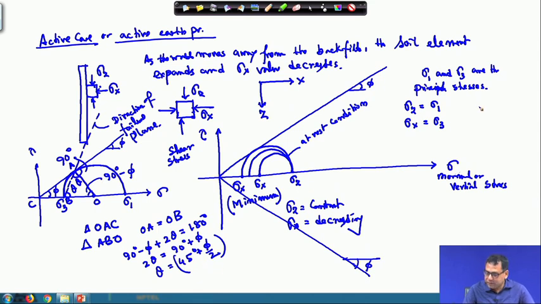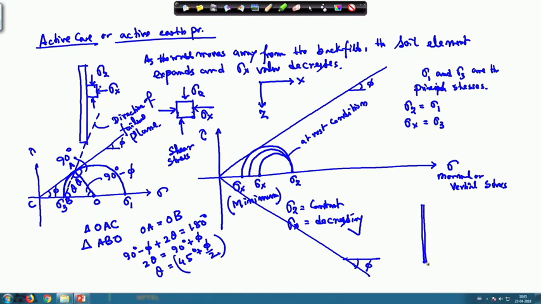Now, if this is your wall and there is a rupture in the active stage, this is your failure plane.